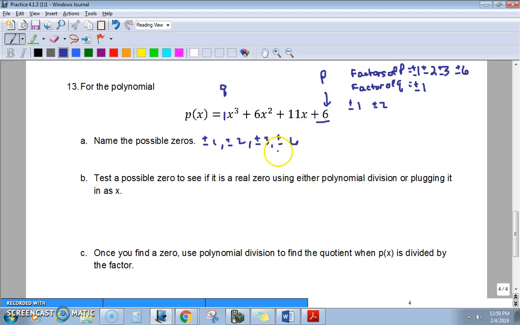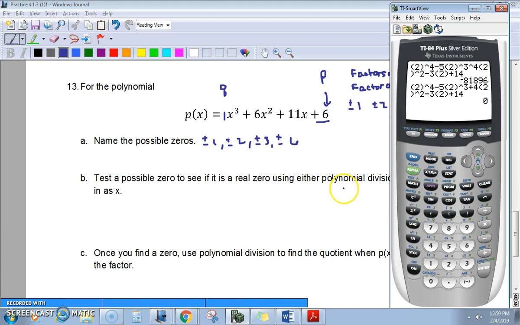Test a possible zero to see if it's a real zero, either using polynomial division or plugging it in as x. Well, let's just practice plugging this in, right? So let's practice negative 1. And with the negative, it is extremely important to have the exponent on the outside of the parentheses. So negative 1 instead of x cubed, right?